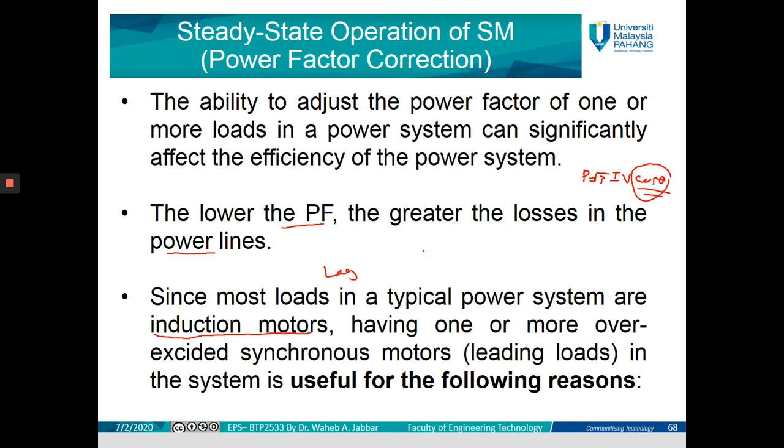Inductors, motors, and transformers all give you a lagging power factor. But if you have capacitors or synchronous motors, these will give you a leading power factor.